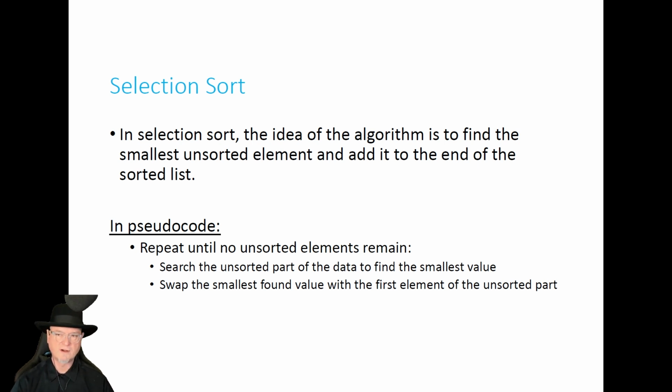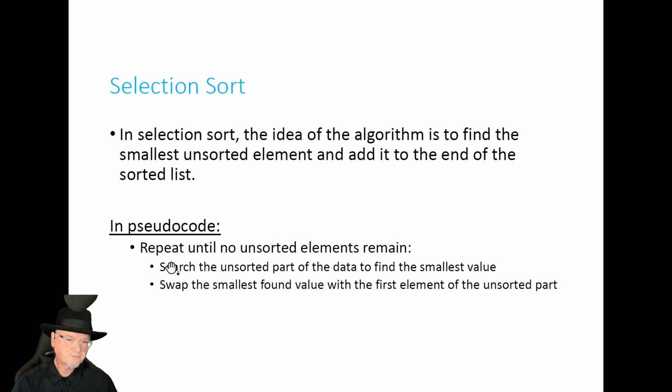The way this algorithm works is that we go through an array and we identify the smallest element, and once we identify it, we've started at a particular element, like the first element in an array, and we swap the smallest one we found with the one we started with, and we do that iteratively, always starting at the starting point plus 1 for each round that we go through the algorithm.